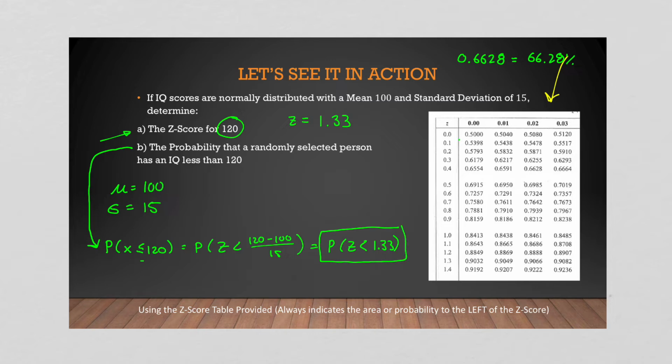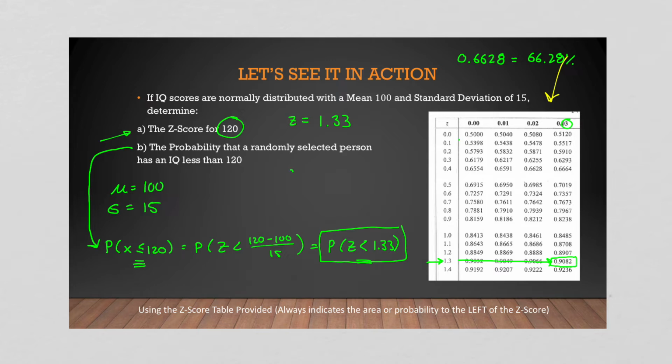So yes, we have a less than or equals here, but now the table is going to give us strictly less than. So that's the value we need to find. Where is it? Well, we need 1.3, so we're here, and then 3. So we're going to cross all the way to this one, because that's 1.3, and then 3. So we get that probability.